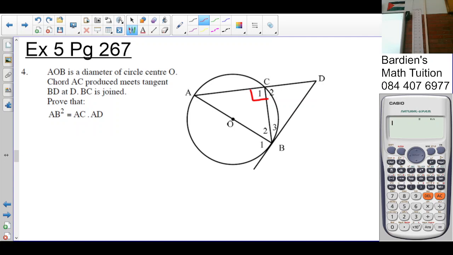Then we are told that chord AC produced meets tangent BD at D. So they're telling us it's a tangent. If that's a tangent, what do we know, people?